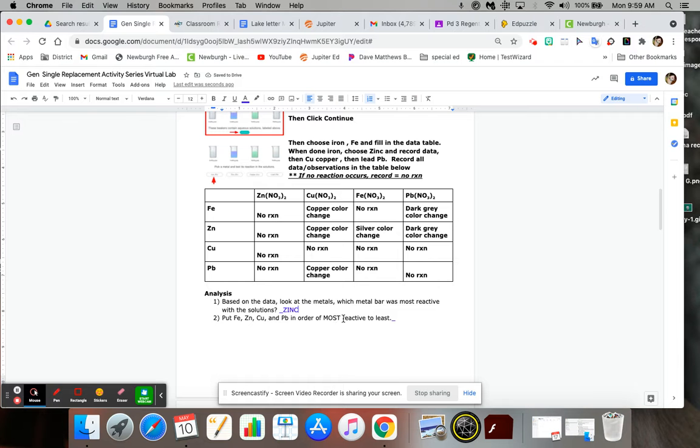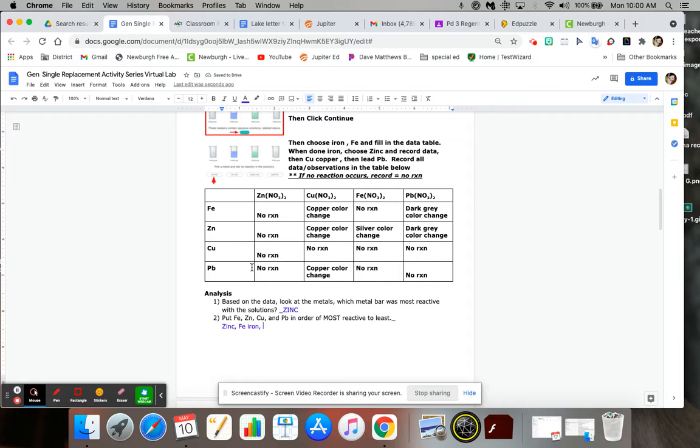If we put them in order of most reactive to least, we're going to start with zinc. The most. It had 3 reactions. Iron did have 2 reactions here and here. That's next. Fe, which is iron.